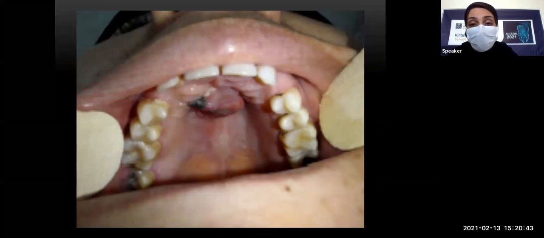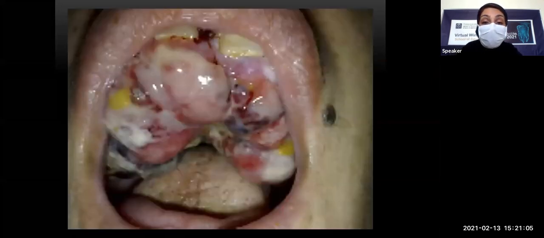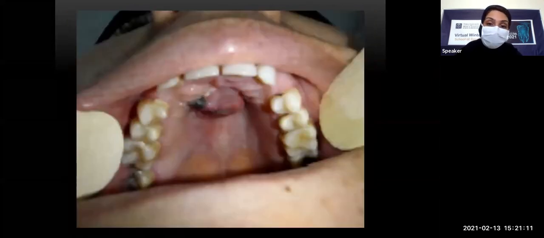Before that, because of personal problems, the patient ignored the lesion, and after the incisional biopsy he did not return to the dentist to get the pathologic report, and the lesion grew fast to this huge size that you see in this slide.